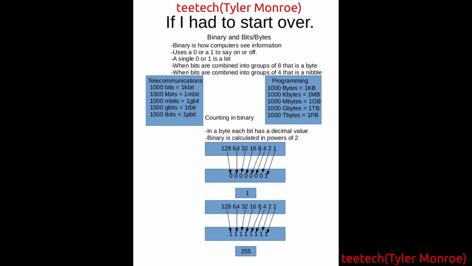A very important thing in programming or in telecommunications is counting in binary. In a byte, each bit of that byte has a decimal value, just like the numbers we normally use as humans. Binary is calculated in powers of 2, also called base 2.